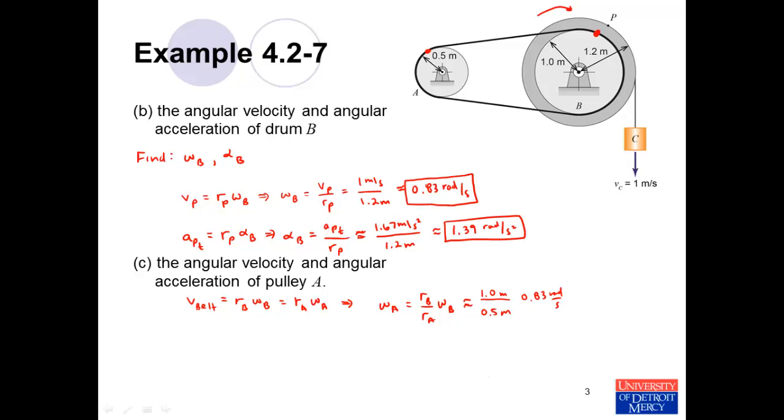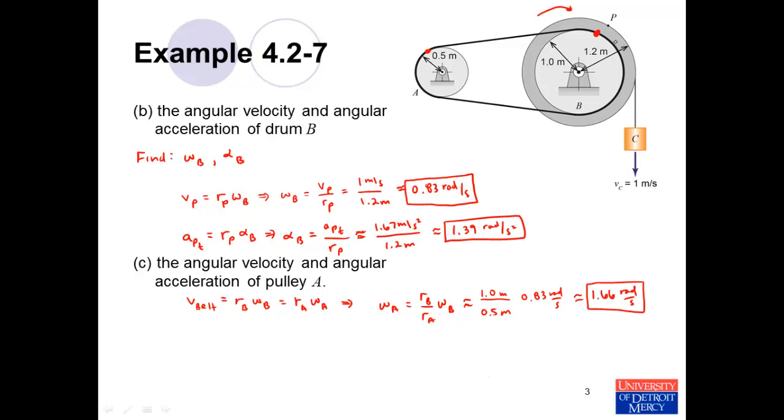And so the angular velocity of body A will be twice the angular velocity of body B. And that works out to be approximately 1.66 radians per second. If we carried out more decimals, we would round to 1.67, or we could consider it to be 1.66 repeating.